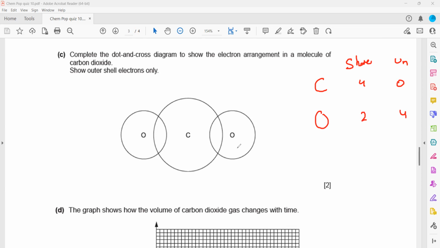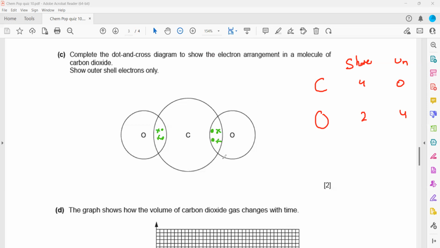We start sharing from the ends. If oxygen shares 2 electrons, carbon shares 2 electrons from that side. Carbon should share 4 in total, but from that side it should be 2. Same thing on the other side: if oxygen shares 2 electrons, carbon shares 2 electrons.